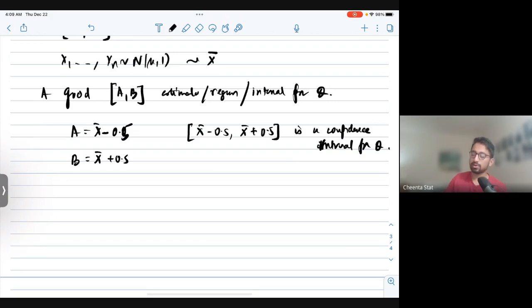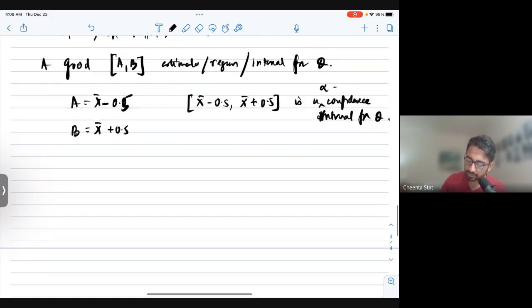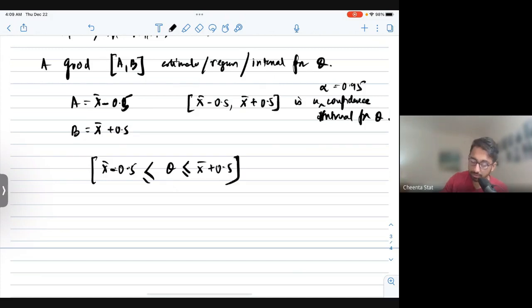There's another parameter, alpha, or a certain percentage, or 95%, let's say 0.95. It says that x bar minus 0.5 less than or equal to theta less than or equal to x bar plus 0.5 has probability 0.95. This is what it means.